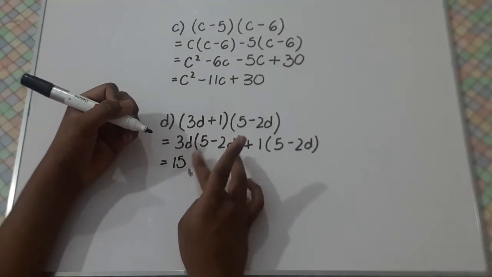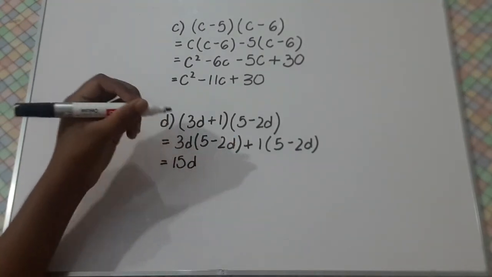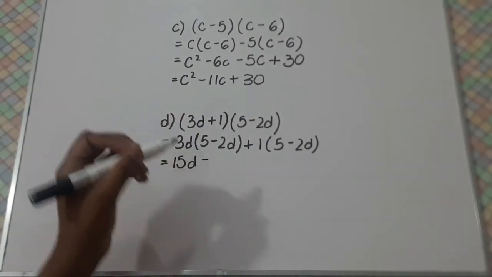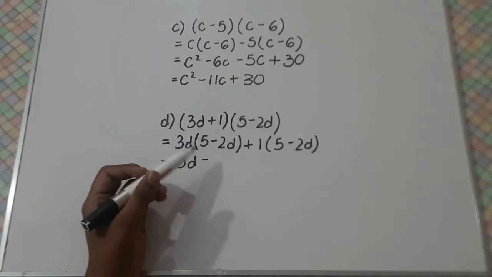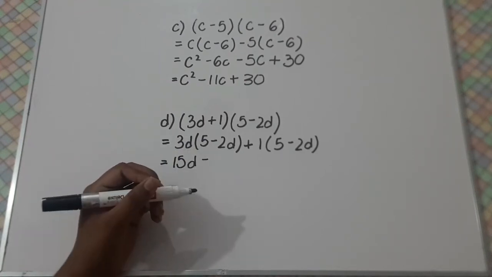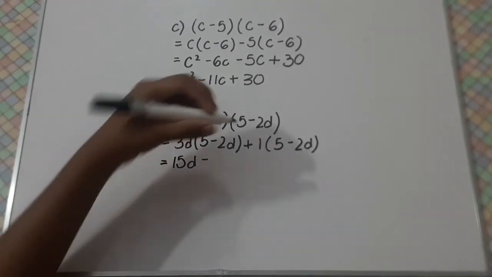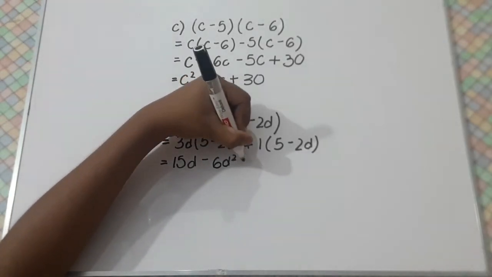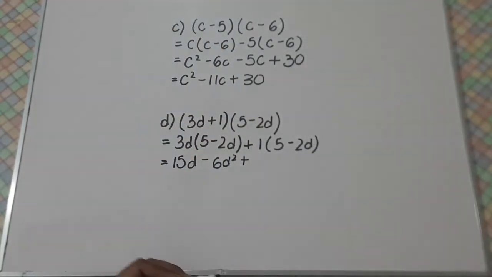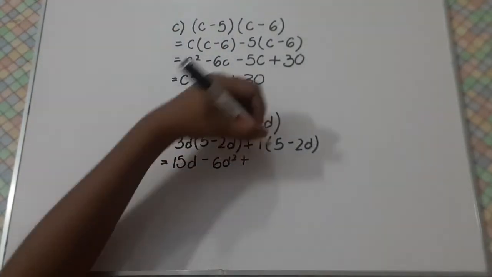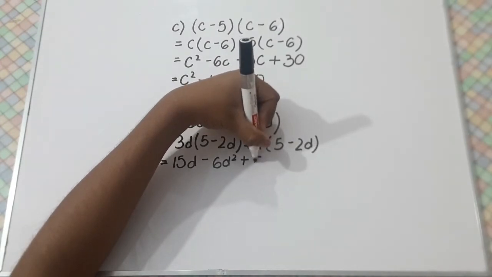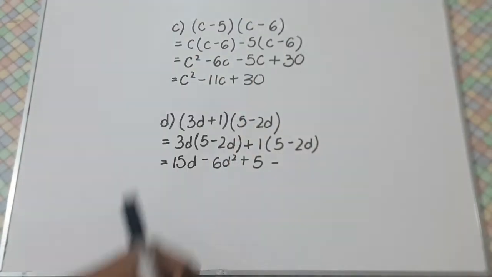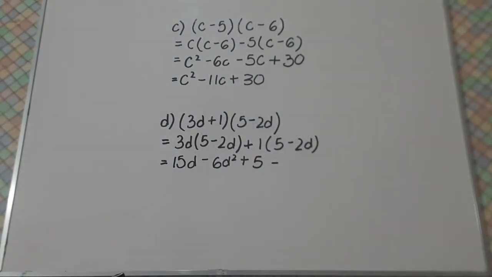Sorry, now the sign would be minus. 3D multiplied by 2D is 6D square, as we are having D on both sides, so 6D square, plus 1 multiplied by 5 is 5. Oh yes, it's 5, and plus minus is minus, the sign would be same. 1 multiplied by 2D would be 2D.